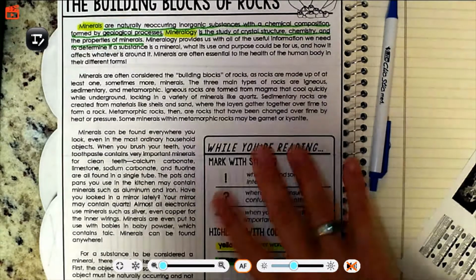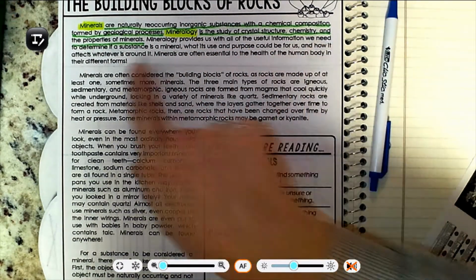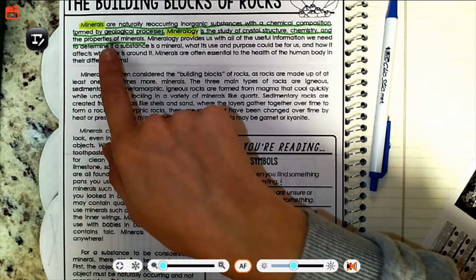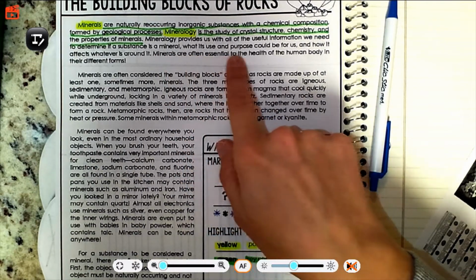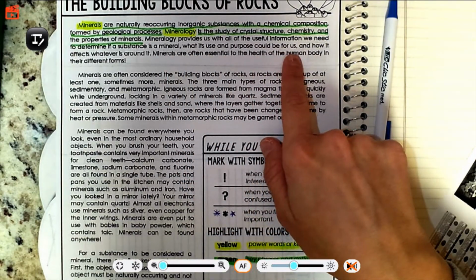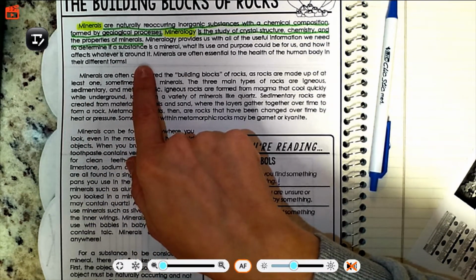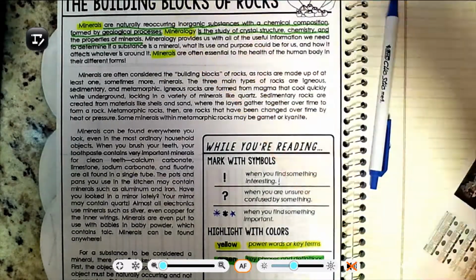Okay. So mineralogy provides us with all of the useful information we need to determine if a substance is a mineral. So determine means like decide or figure out. So if a substance is a mineral, what its use and purpose could be for us, that means humans, and how it affects whatever is around it. Minerals are often essential.